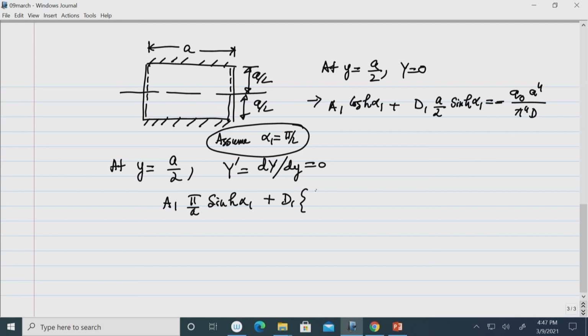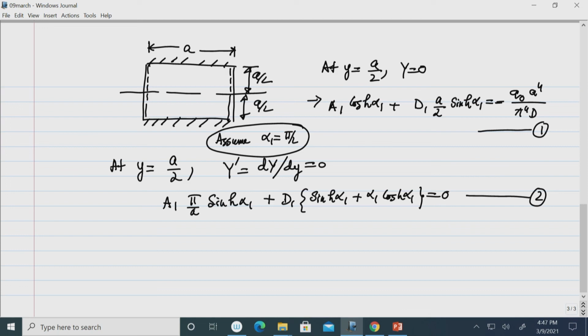So, you get two terms: sin hyperbolic alpha 1 plus alpha 1 cos hyperbolic alpha 1 equal to 0, because the derivative of the constant term will be 0. So, this is your first equation and this is your second equation after application of the boundary conditions.